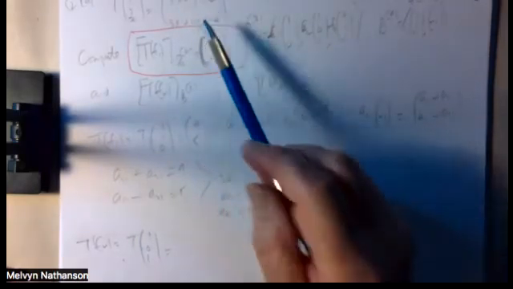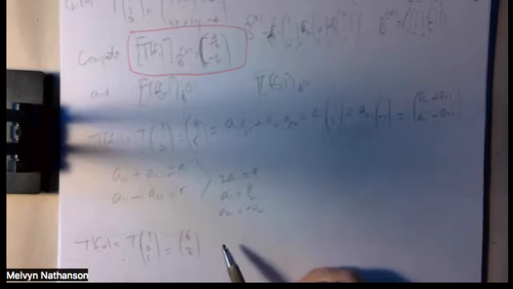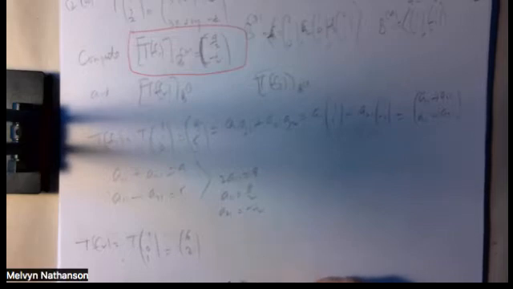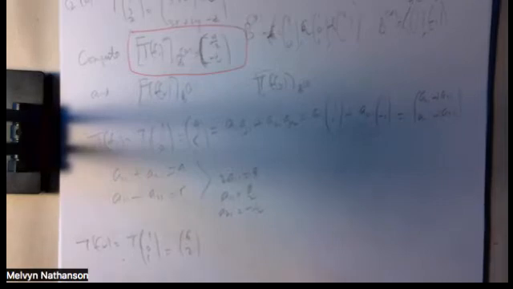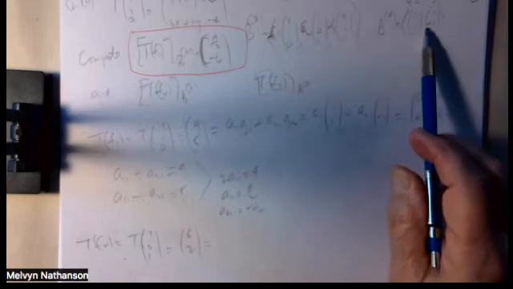When X and Z are 1 and Y is 0, this is 6, 2. And we have to write 6, 2 as a linear combination of G1 and G2.